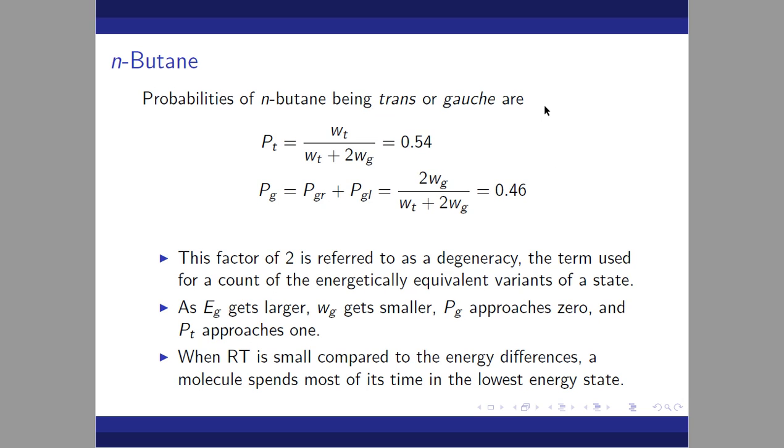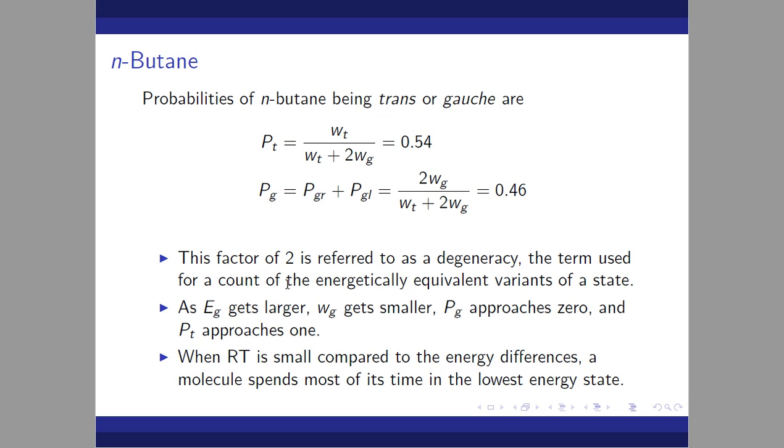Imagine that if we have 100 N-butane, 54 of the N-butane are in the trans conformation and 46 in the gauche conformation.